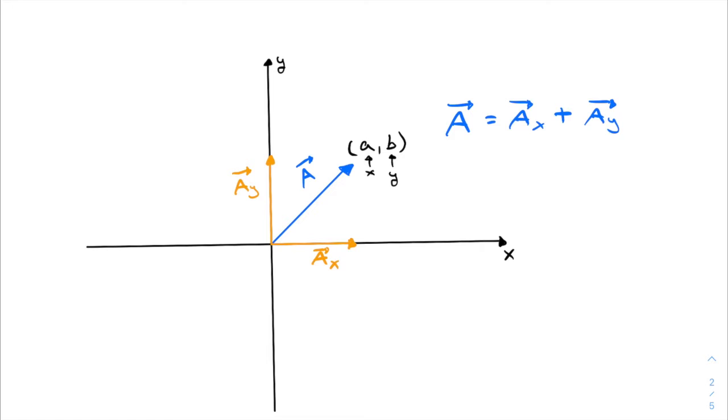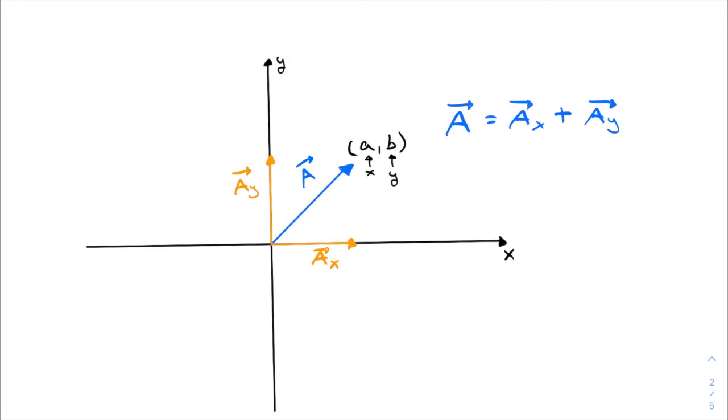So given a vector A in our coordinate system here, we can describe this vector as the sum of two other vectors, with one vector being parallel to the x-axis and the other being parallel to the y-axis.